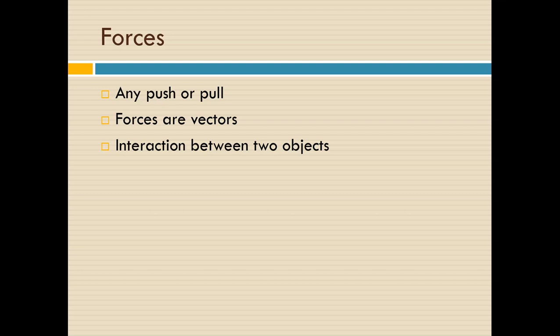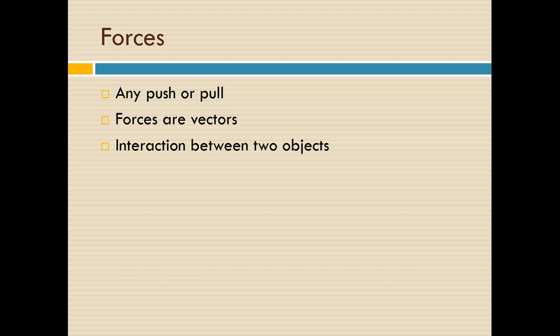If I've got a push or a pull, let's say a tug of war, or let's say somebody's leaning up against a wall, if an object is being pushed, there's got to be something doing the pushing. You see where I'm going with that?